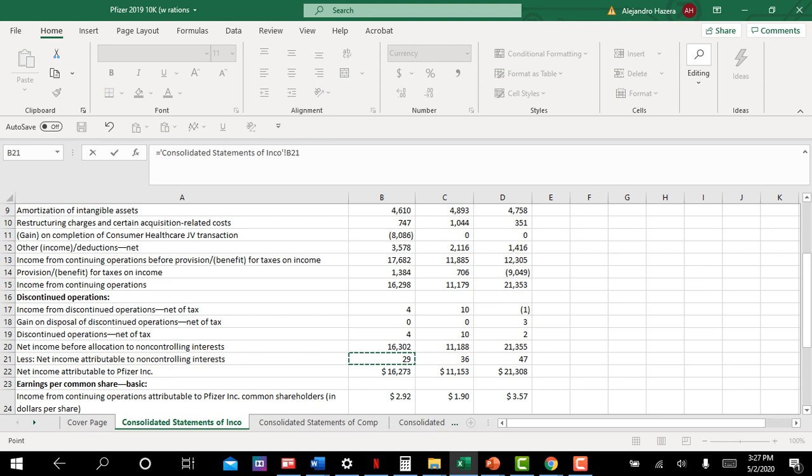When, let's say, Pfizer buys another company and it only buys 95% of the stock, 95% gives you control. Anything over 50% gives you control of the company. But that means 5% is what we call non-controlling interest. These are shares that don't belong to Pfizer. So in order to get the balance sheet to balance, ultimately we put this in there. And so net income attributable to Pfizer is the one we're going to want.